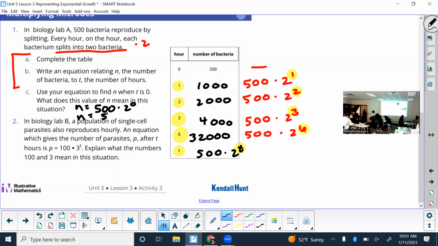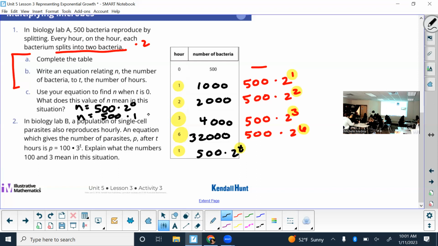500. How do you know? N represents the bacteria. Okay, give me more. Why else is n 500 when t is 0? Is it because, Peyton? Because it makes the 2 to the 0 power 1.